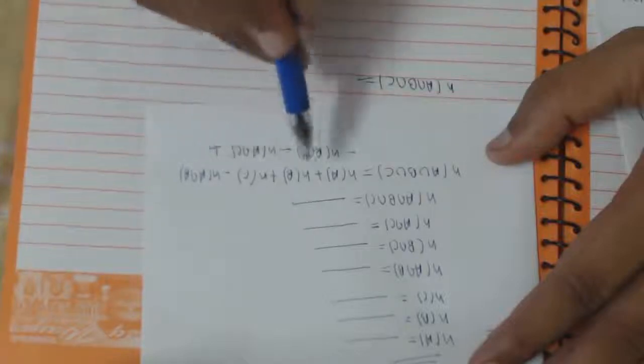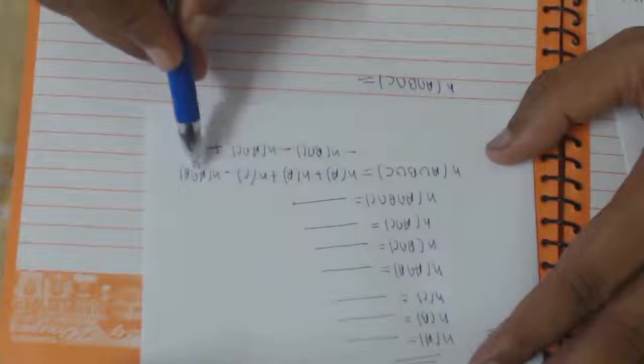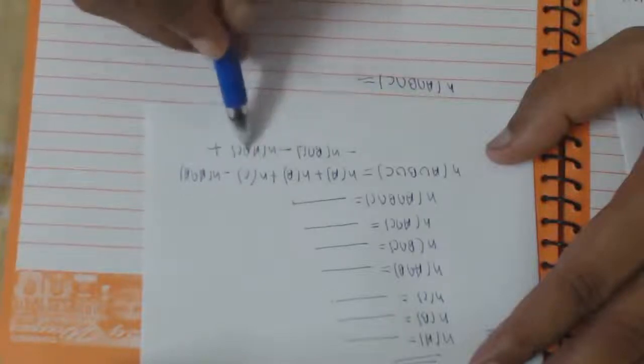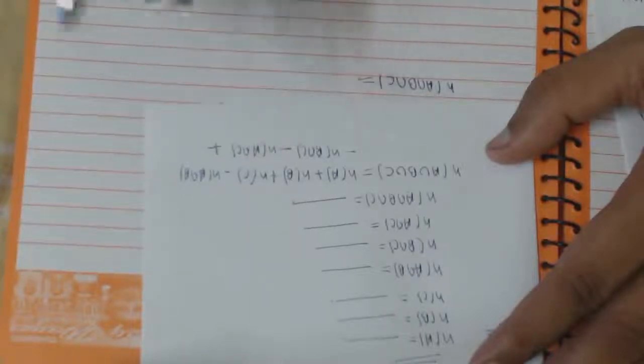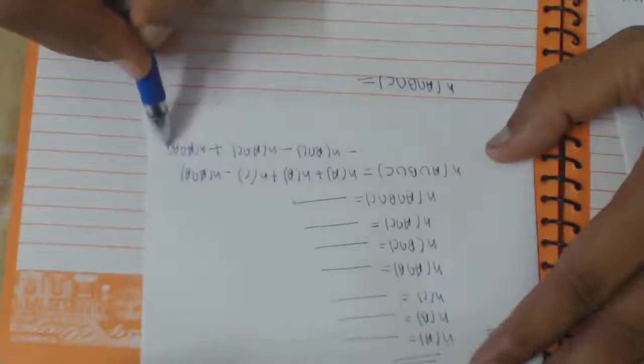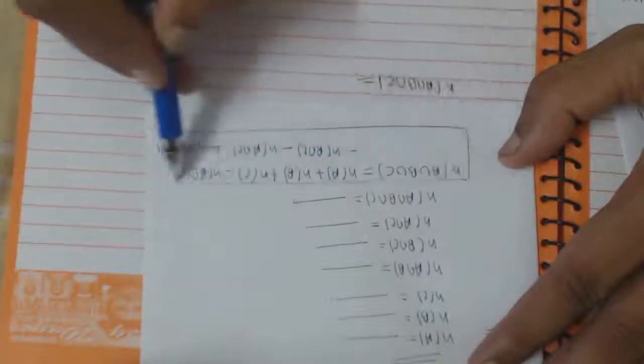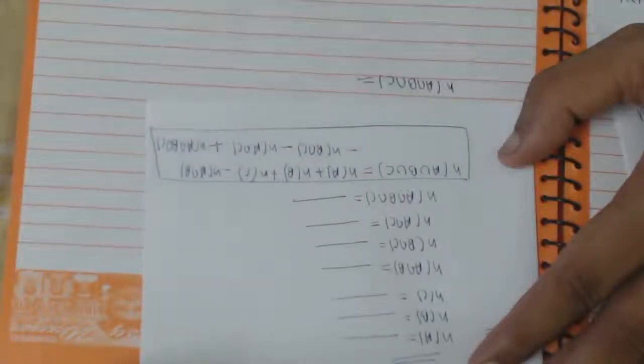So first I had added them over here, and then I had separated them from here, and here. Okay, now what I have to do? I have to add these terms A, B, and C into it. Okay, this is the second one.